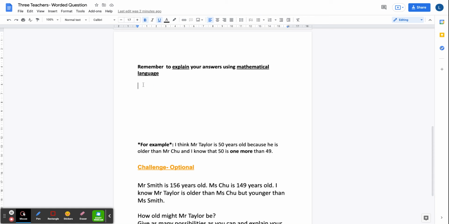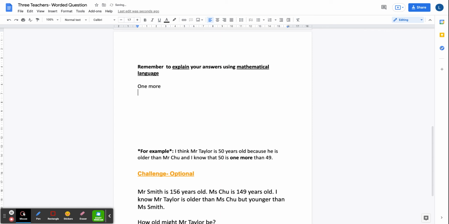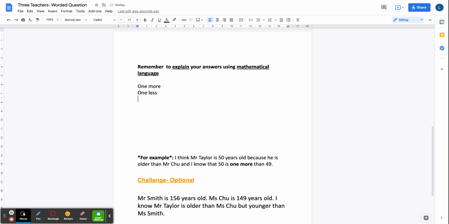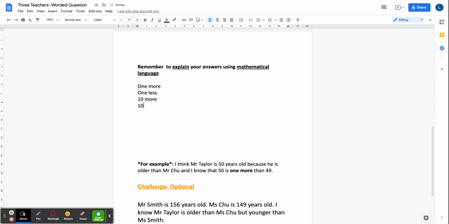Some different mathematical language you might use is the words one more, the words one less, the words 10 more, or it could be 10 less.